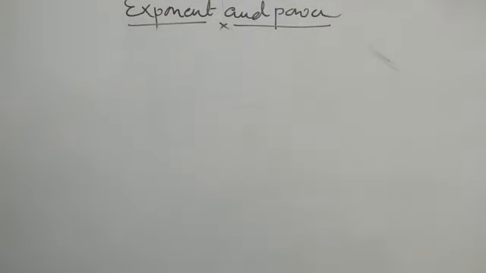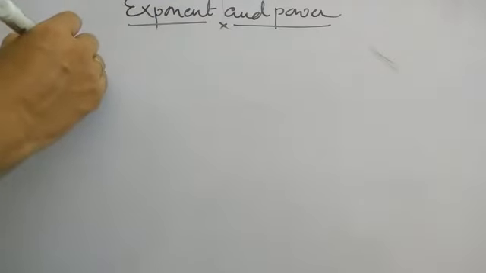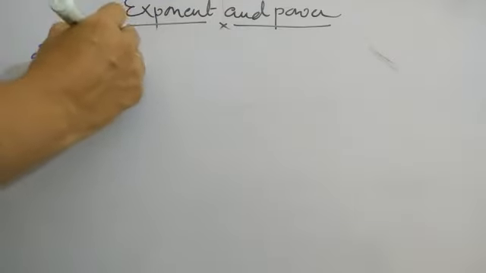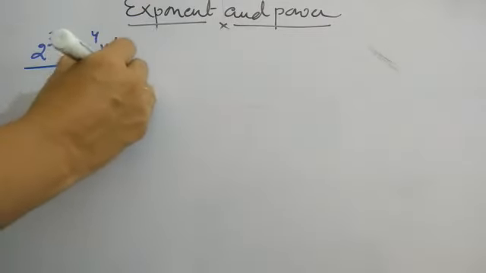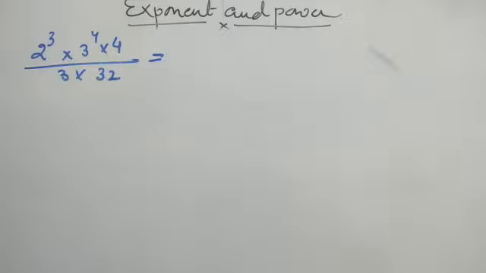Now some more examples. Let us take. Suppose you have 2 to the power 3 into 3 to the power 4 into 4 upon 3 into 32. In such examples, children, what we are going to do is we will convert all the numbers to their prime bases, right? Suppose 2 is prime, 3 is prime, but 4 isn't prime.